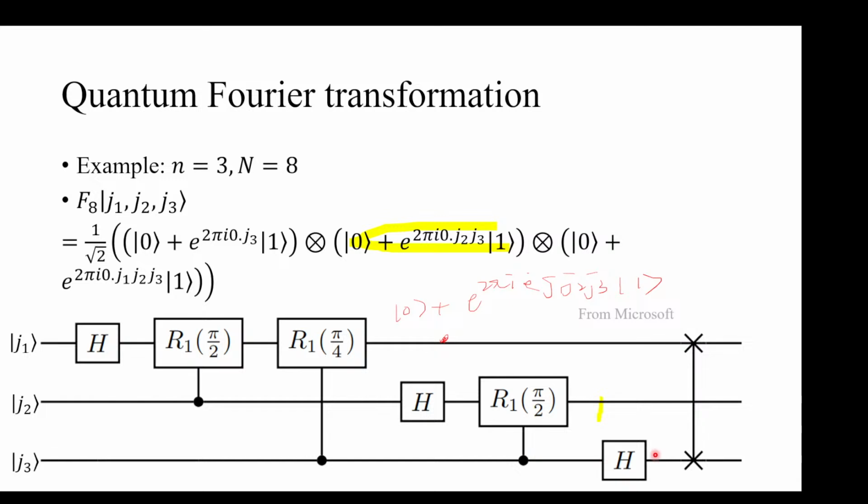Finally on this circuit, on this point, you will get |0> plus e to the 2 pi i 0.j3 |1>, because that's just what the Hadamard does. So you have those three qubits being those three states, and at the end you swap the first state and the last state, so you get the correct ordering of your quantum Fourier transform.